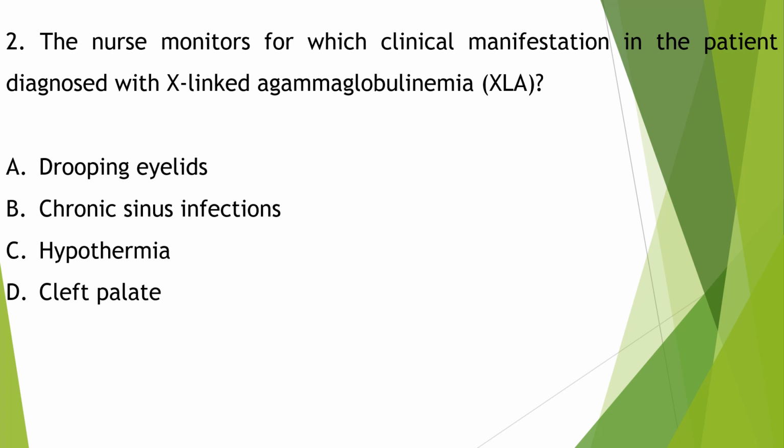Patients will get recurrent pneumonia, meningitis, septicemia. There may be autoimmune diseases, leukemia, lymphoma, and also susceptibility to viral infections like hepatitis, polio, enterovirus. So there are more chances of infections in patients with XLA.